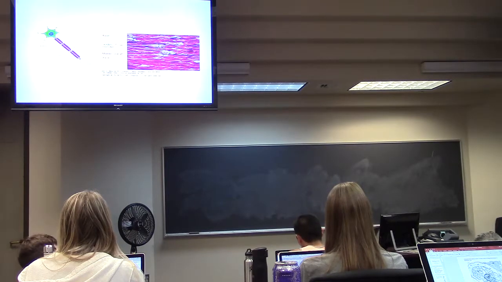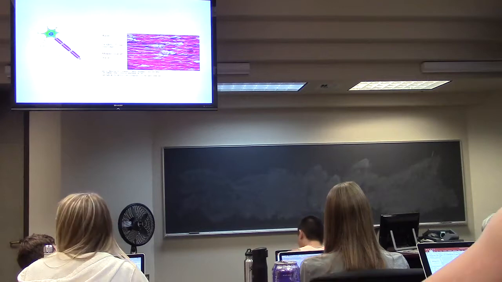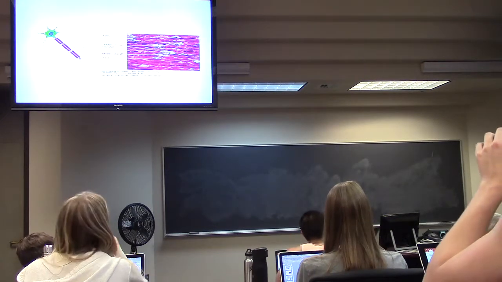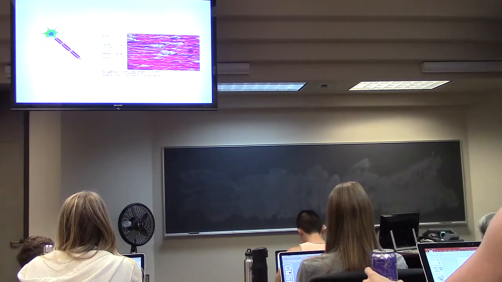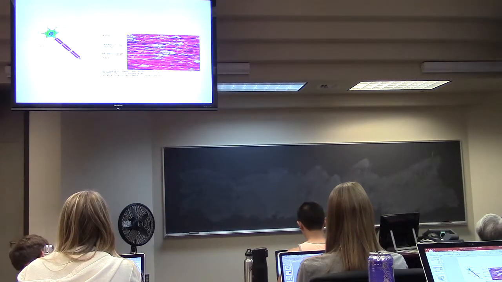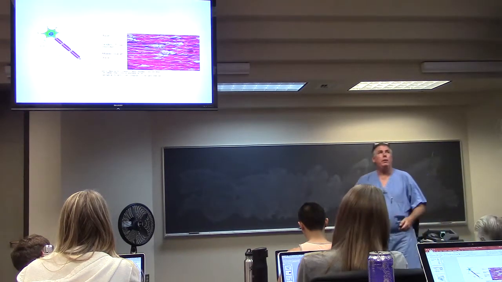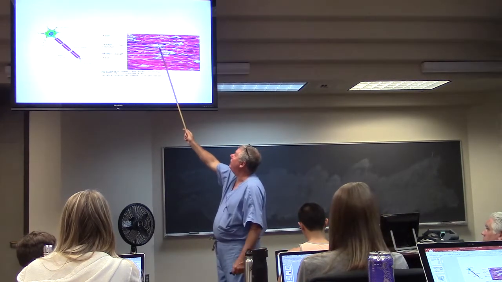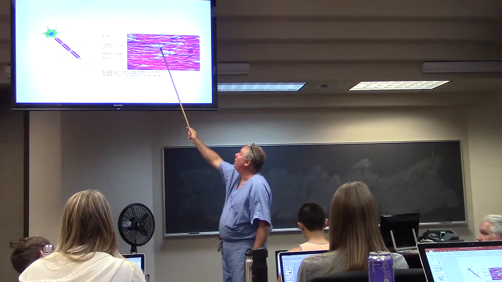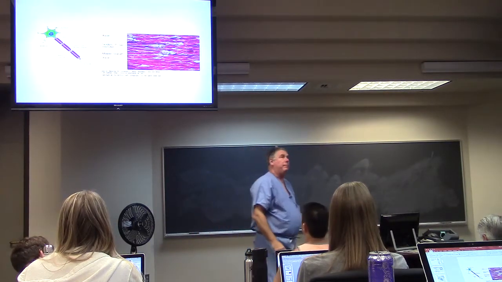Here's the illustration showing the Schwann cells of a peripheral nerve, a peripheral axon, and these would be the nodes of Ranvier, which is where the saltatory conduction occurs. You can see these nodes on a light micrograph. This is just a light micrograph. You can see the little bars representing the places where two Schwann cells are meeting.